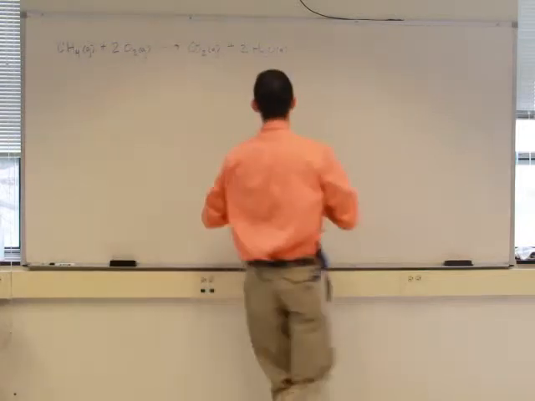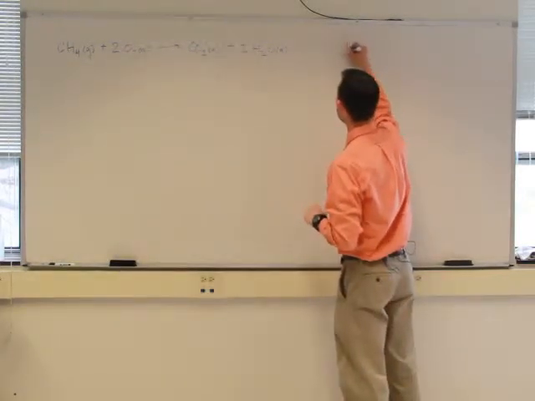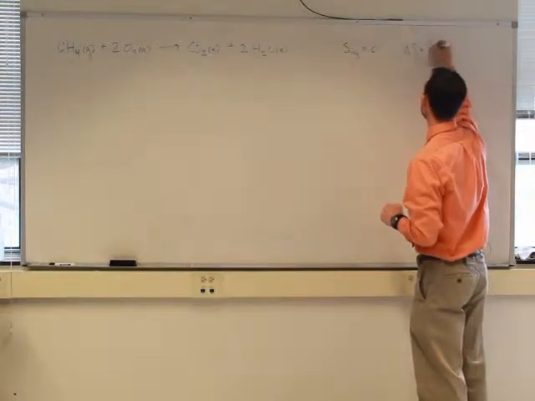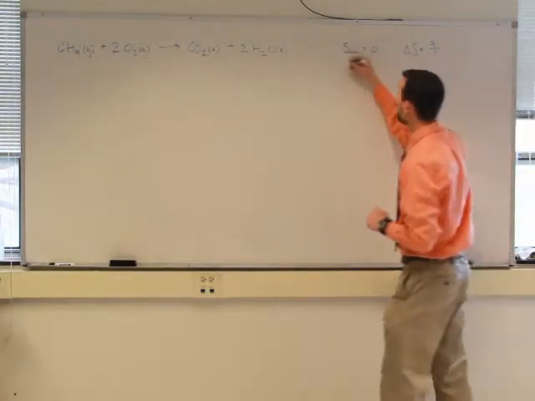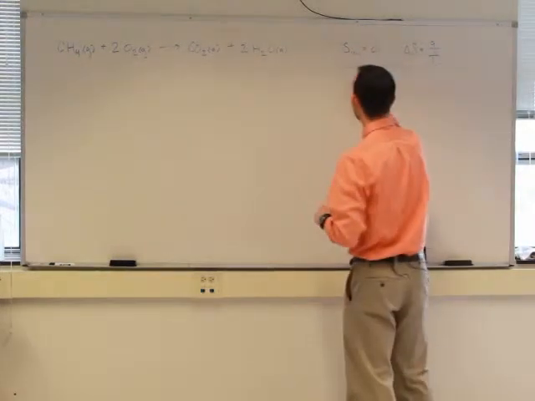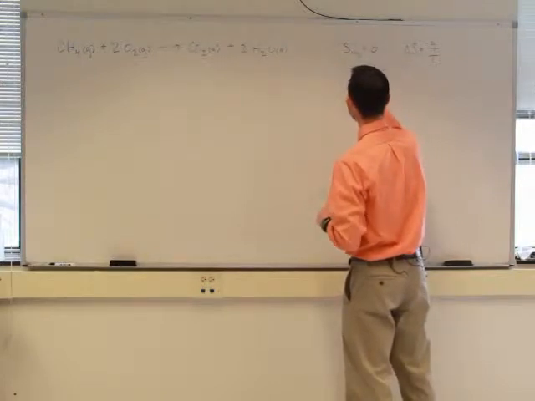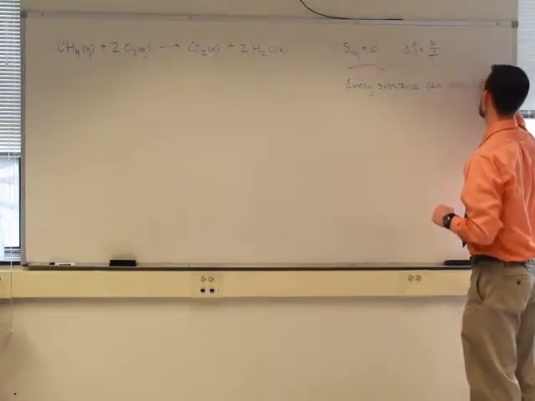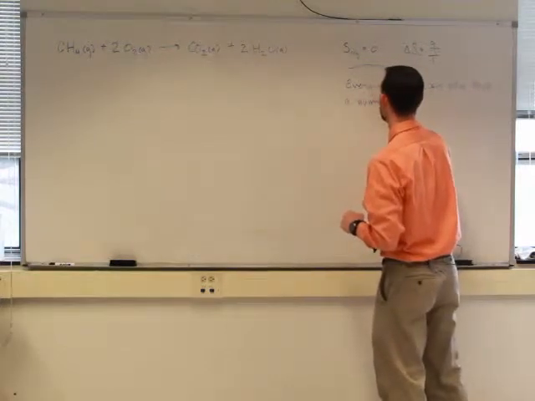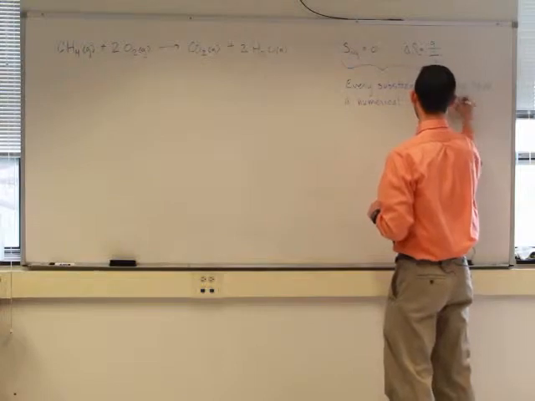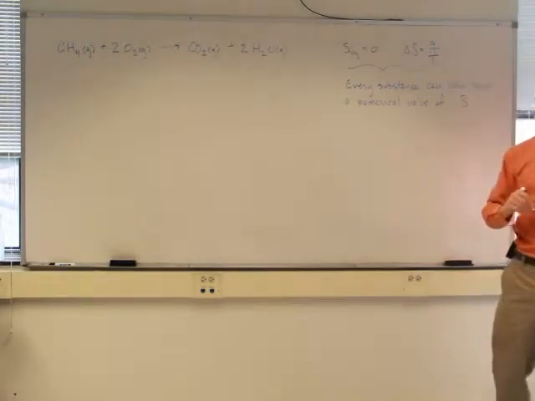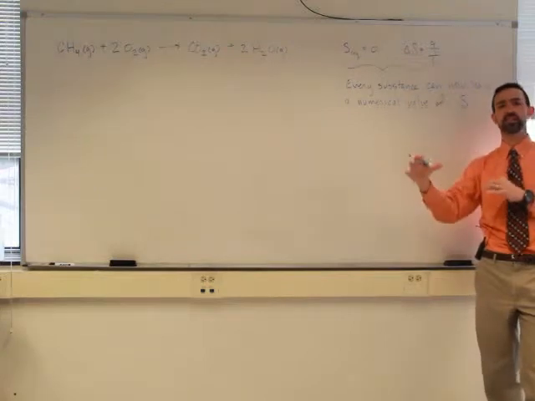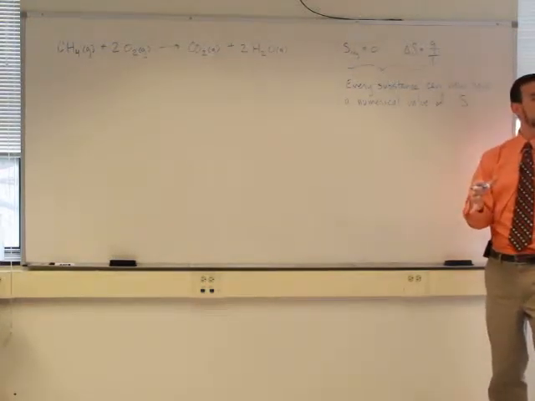So remember that we earlier were able to define that the entropy of a perfect crystal was equal to 0, and that the entropy change was Q divided by T. If we couple these two ideas together, we're able to understand that every substance can now have a numerical value of S. Every substance can have an actual number for its entropy, rather than just thinking, how does this substance stack up against this substance, which we did with a couple of examples.